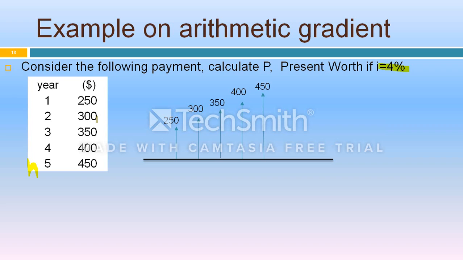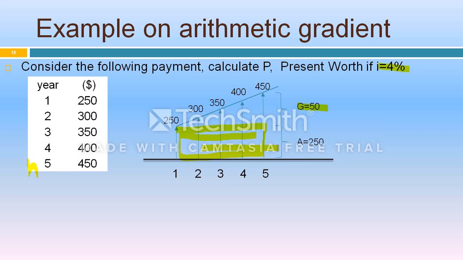As we can see, it's an increasing payment and it's increasing uniformly. Why? Because the stepping is 50, so G equals 50. What about this part? As we said before, this part is going to be annuity at 250.